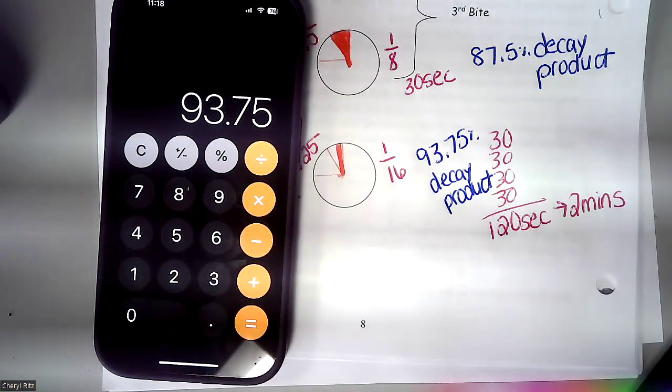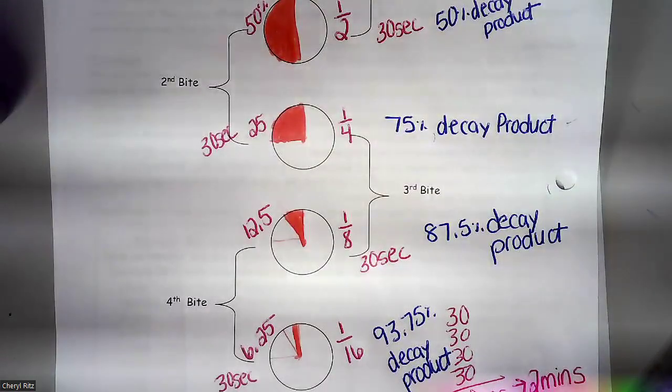Now this was for the Twizzler. Will this look any different for carbon-14? No, so not only do the original Twizzler and the original carbon-14 behave the same way, but so does the decay product. So what about for uranium-238? Well, how's this gonna look? The same.